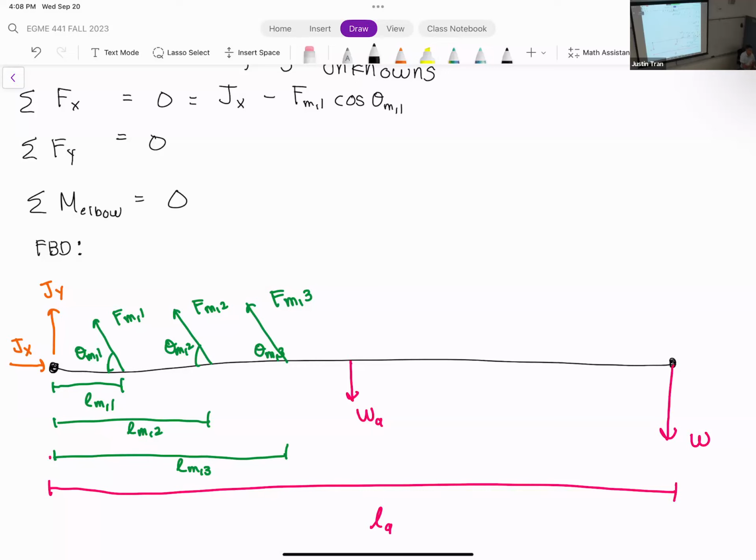All right, then we have the horizontal component of FM1. We can see here that it's pointing at an angle, so it's not completely in the horizontal direction, but it is going to have a component in that direction. And so that component is going to be minus FM1 cosine theta M1.